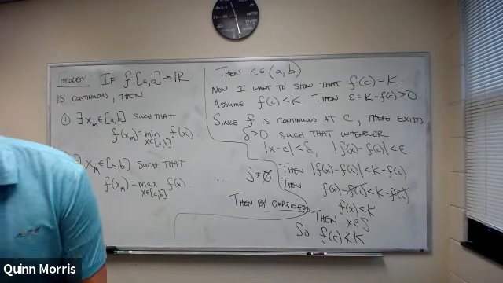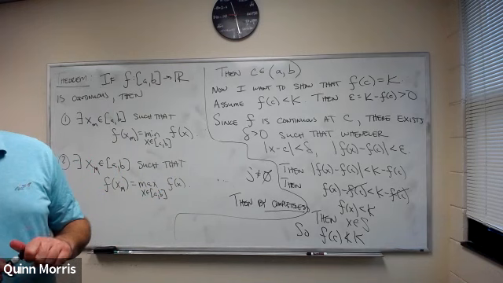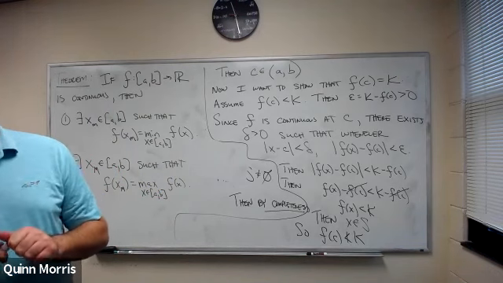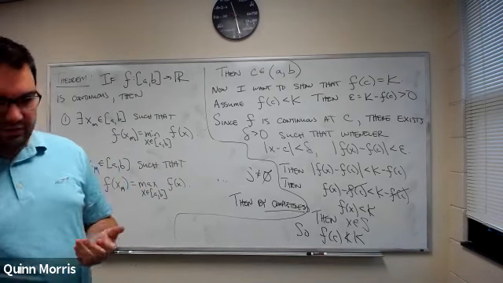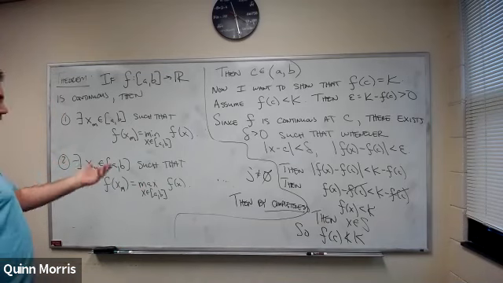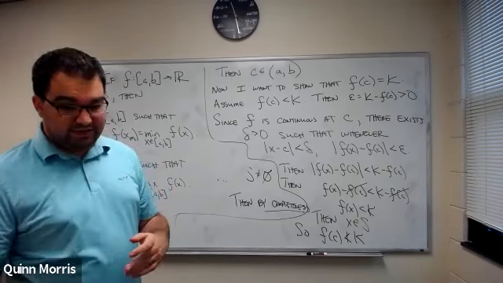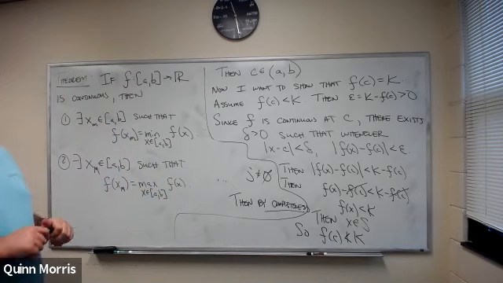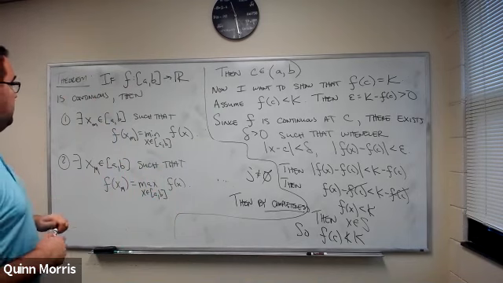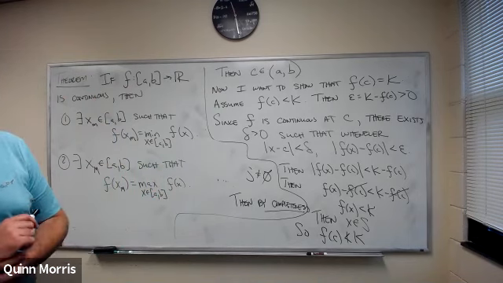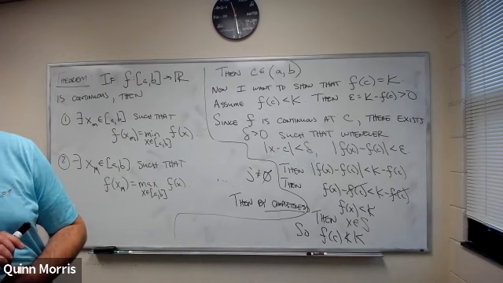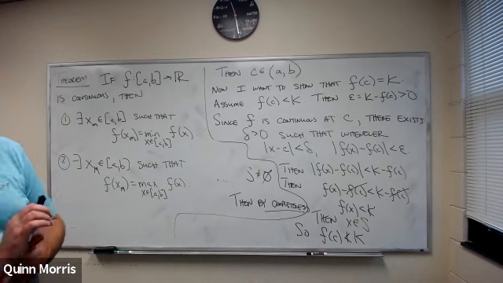So the book actually walks you through a proof of a lemma, which is really helpful, and then you get a proof of the extreme value theorem. So I'm going to ask you to justify some of the details there, and make sure you read through that.